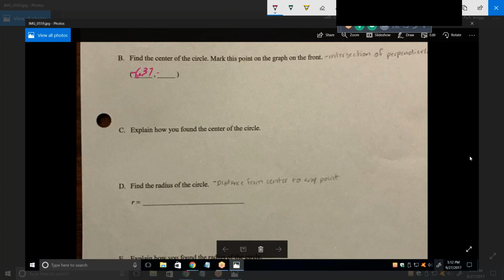And minus 7.51. Exactly. Well, give me a point on the circumference of the circle. And the distance between the center and the point that's on the circumference is going to be the radius.